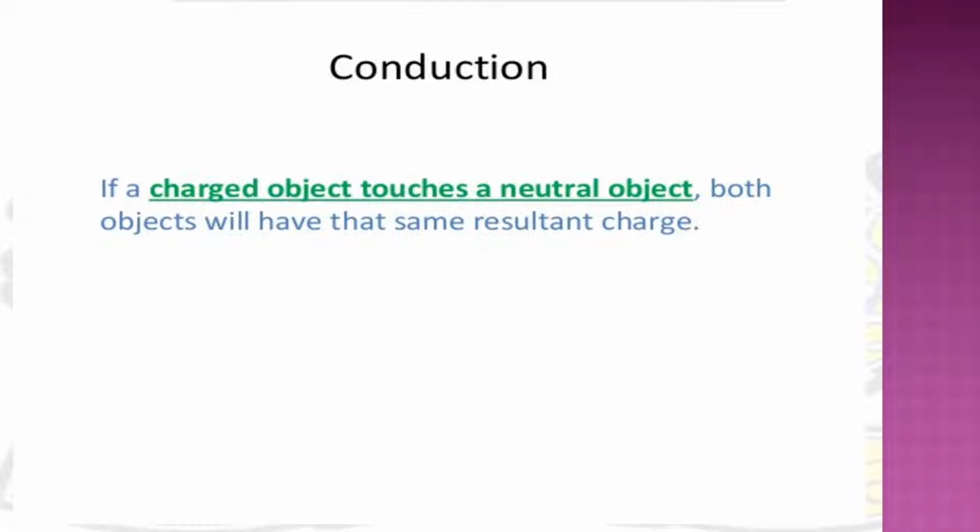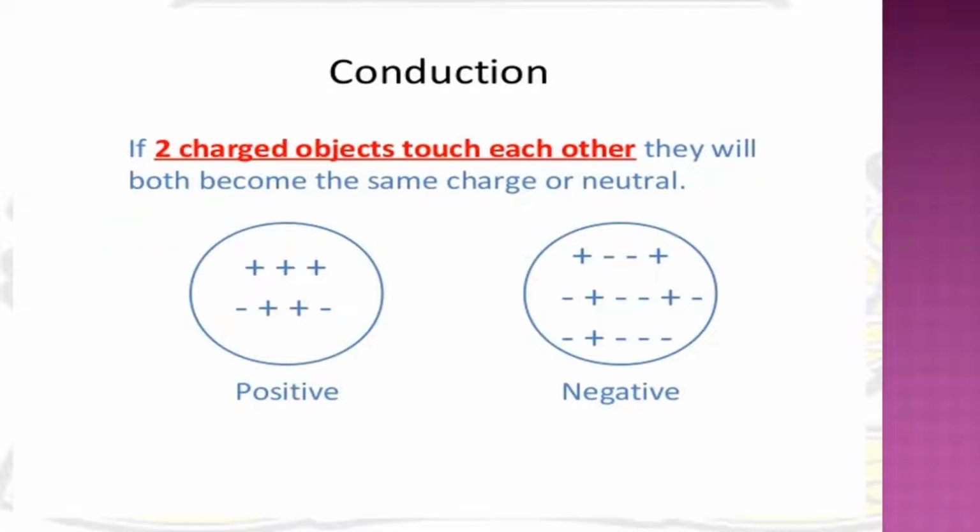So if a charged object touches a neutral object, both objects will have the same resultant charge. And if two charged objects touch each other, they will both become the same charge or neutral.